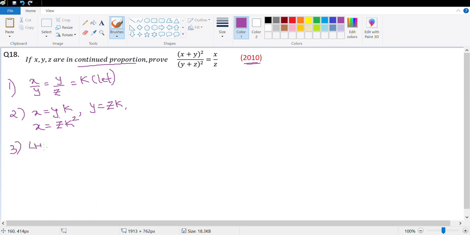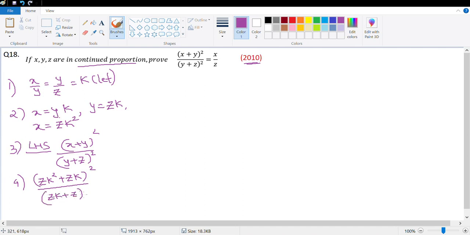So our left hand side is (x plus y) the whole square upon (y plus z) the whole square. That would be equal to, instead of x, I'll write zk square, plus instead of y, zk, and the square of this, divided by y plus z. Y is zk and z is z, the whole square.